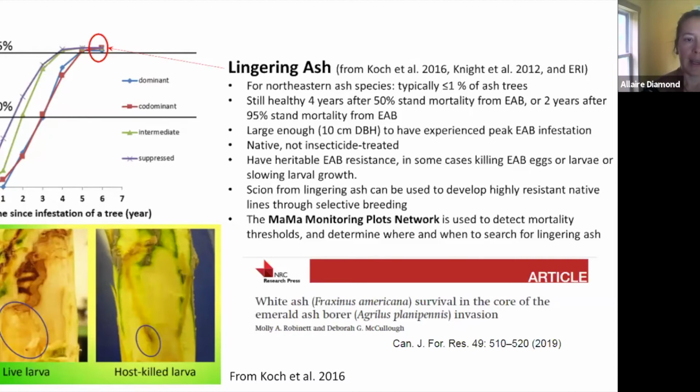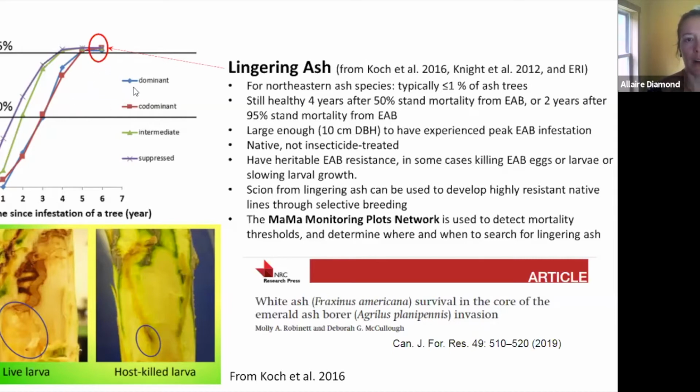Over time, since the infestation of a tree, the x-axis here is time, the probability of mortality of any individual tree or in a stand just increases, and it increases exponentially to the point where fewer than 1% of trees end up surviving. But there are some trees that do end up surviving.